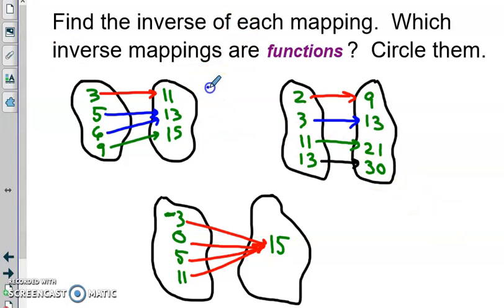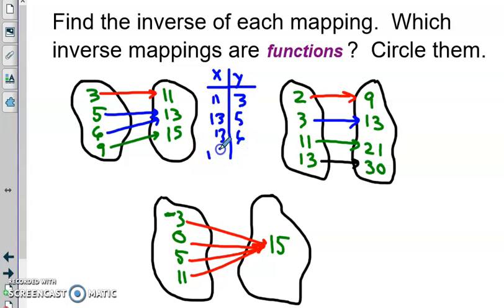So instead of a mapping, I'm going to write this as a t-chart. That means if I stick in 11, I'm expecting the answer of 3. If I stick in 13, I'm expecting the answer to be 5, but also the answer could be 6.